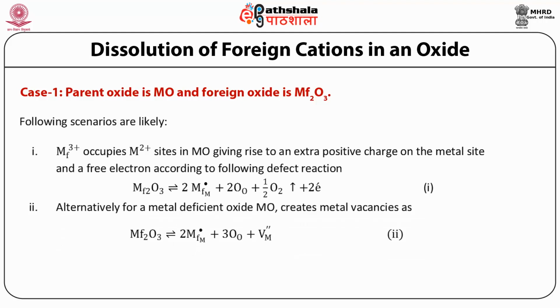Alternatively, for a metal deficient oxide MO, it creates metal vacancies, as shown in this reaction: MF2O3 gives 2 MFM plus 3OO plus VM double prime.